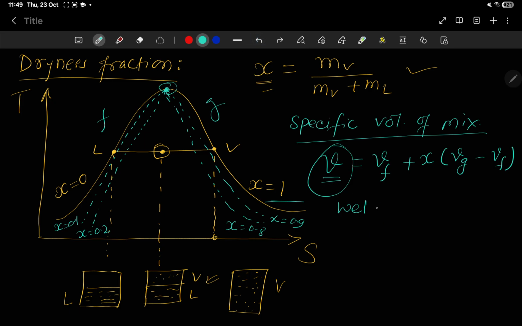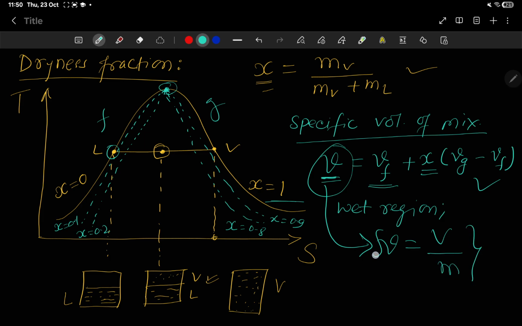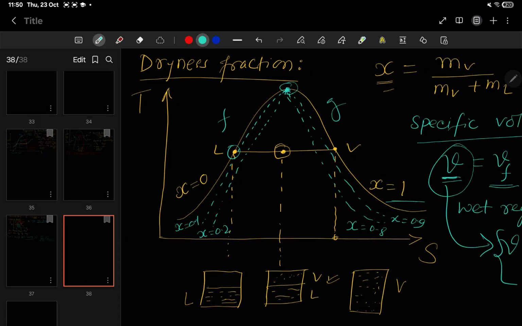If we put x equals 0, we get the volume of liquid, and if we put x equals 1, we get vg. How do we define specific volume? Volume of the fluid or matter upon mass of the fluid or matter.